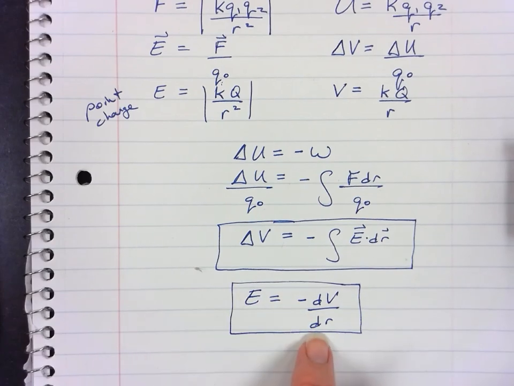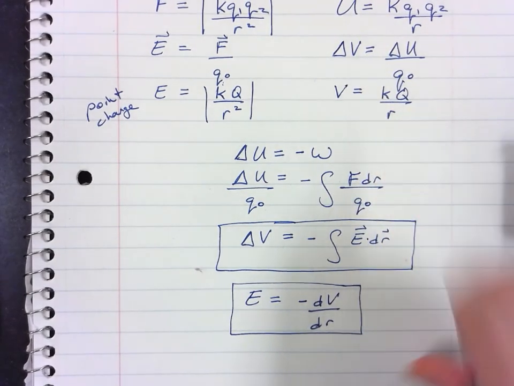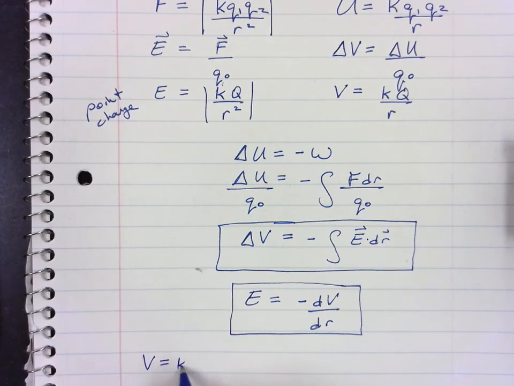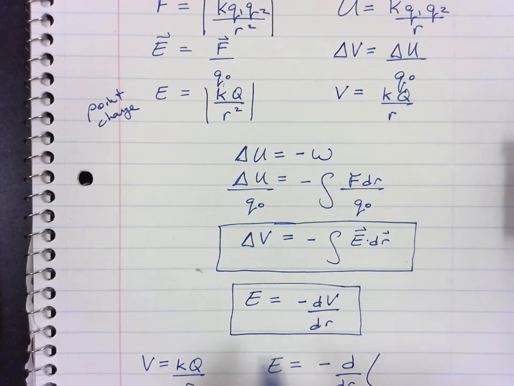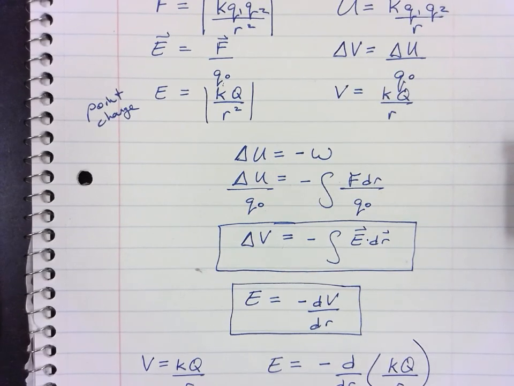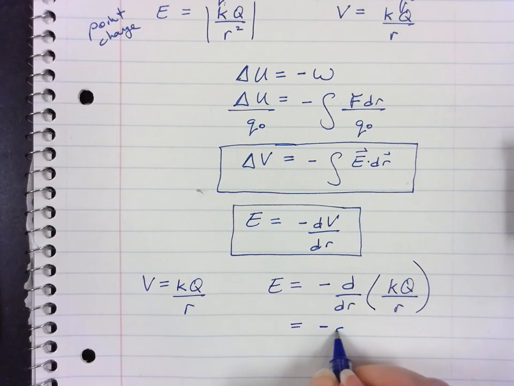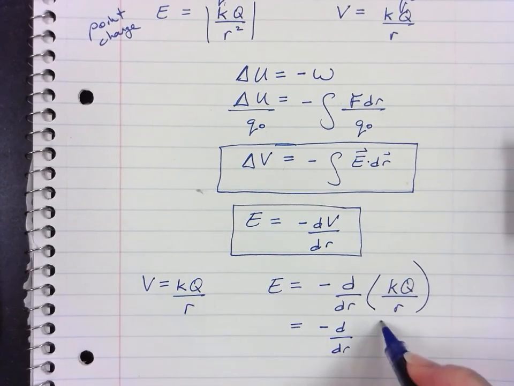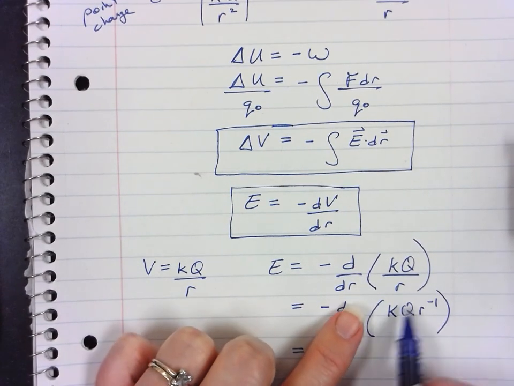So to show that this works, let's start from this potential function that was pretty easy to get for a point charge. If V equals KQ over R, then E must equal negative derivative with respect to R of KQ over R. Again, I don't like dealing with variables in the denominator, so I'm going to rewrite. I need to do the negative derivative of KQ times R to the negative 1 power. So I have negative, and then I take the derivative of this.